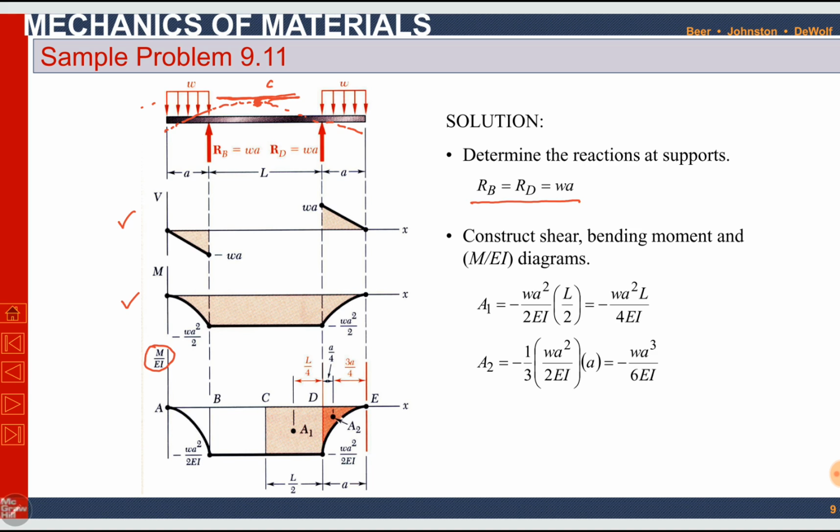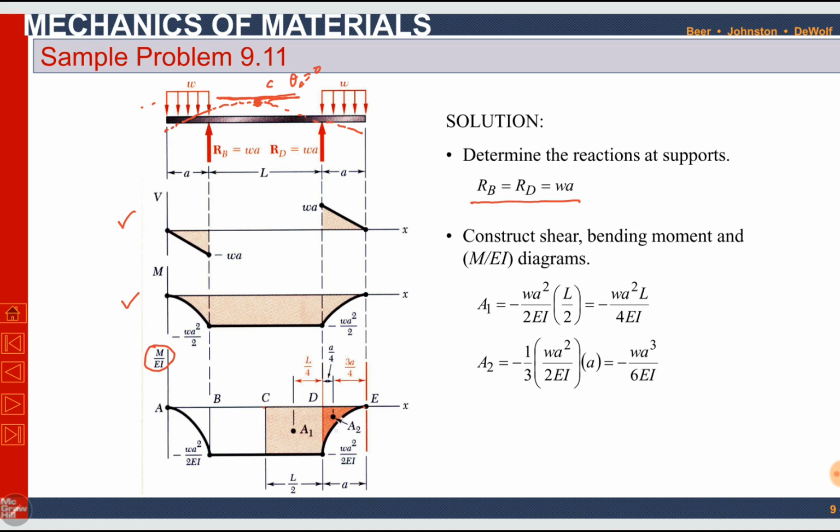So C is our reference tangent. Here theta is 0, at point C theta is 0, so we will take it as our reference tangent. We will calculate all areas starting from point C. So the area between point C and point E is divided into two areas.